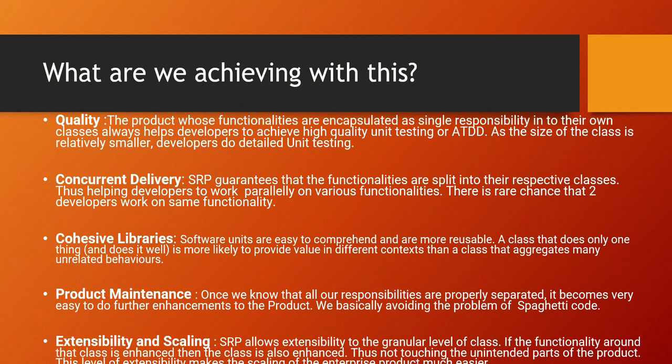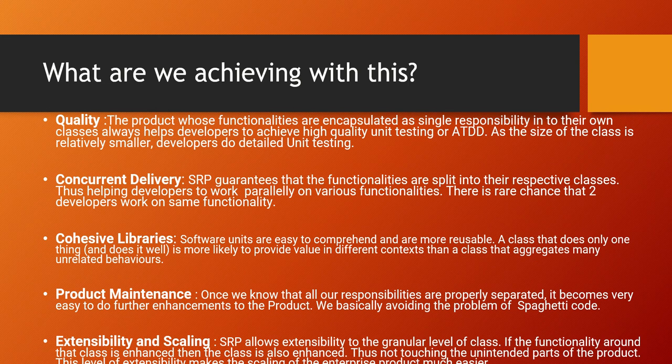By implementing the single responsibility principle, you are guaranteeing that two functionalities are completely split into their own classes. There is no cross reference of functionalities here, so this allows developers to work in parallel.